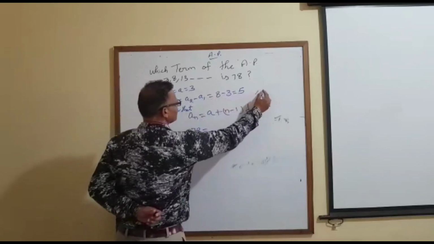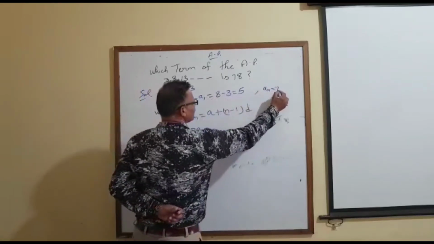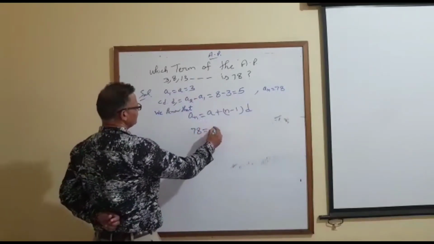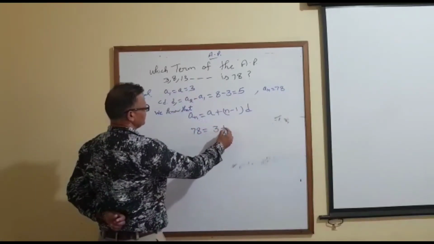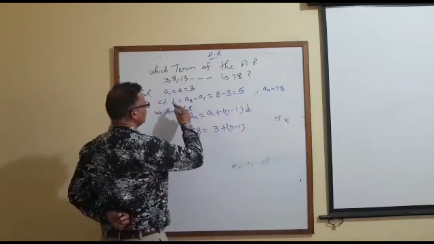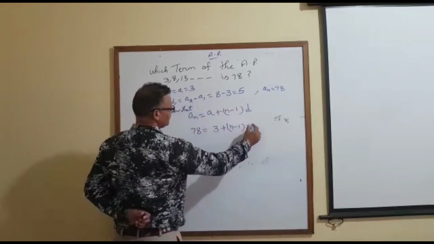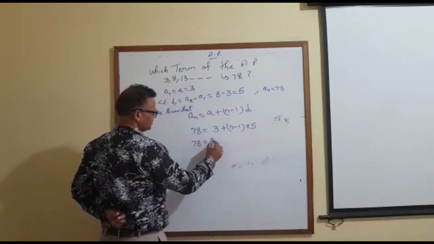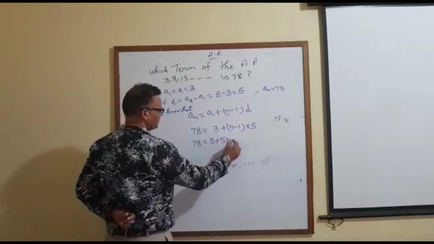Then A is 3, N is not given, and D we found is 5.